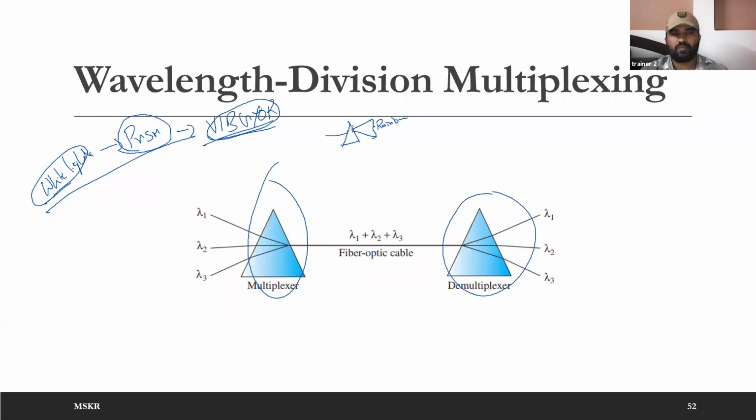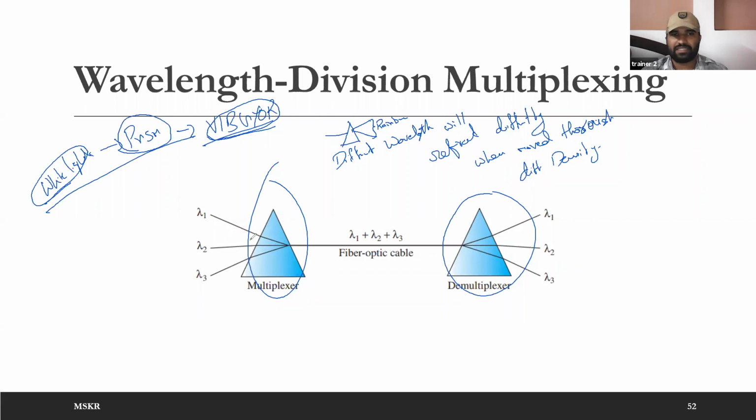So this will be containing these rainbow colors. That is because different wavelengths will refract differently when moved through different densities.